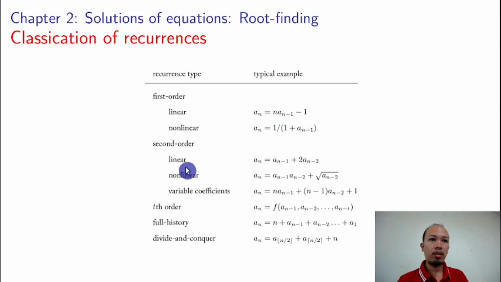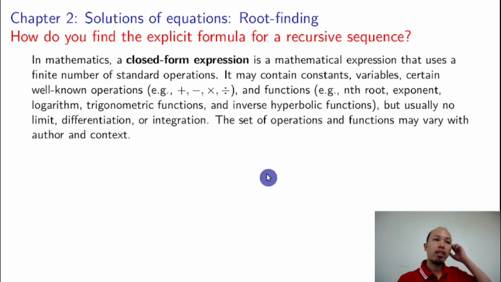This is second order, linear, non-linear, since we have a square root and a product. We also have variable coefficient, 50th order, and so on and so forth. So these are the classification of recurrence relations.